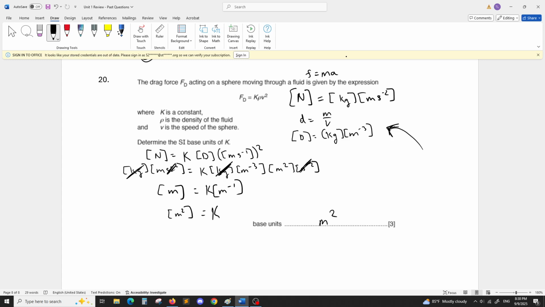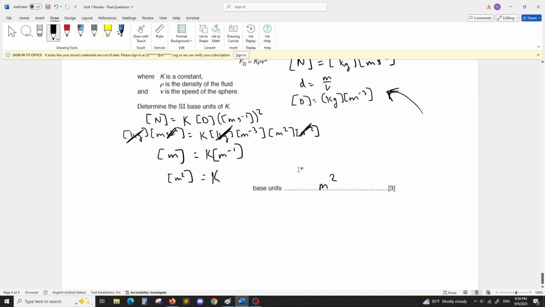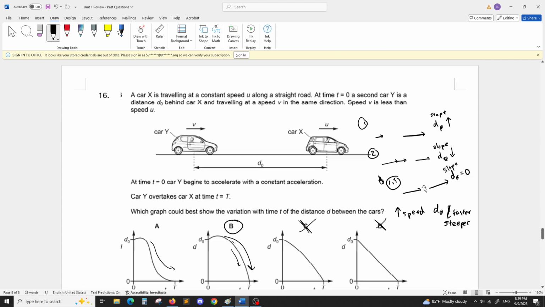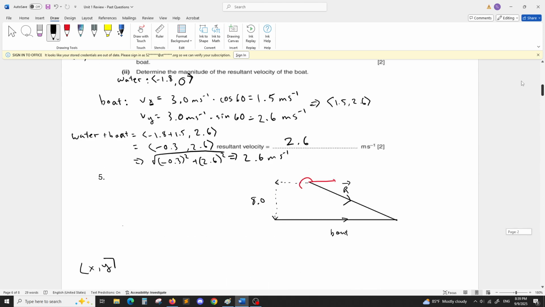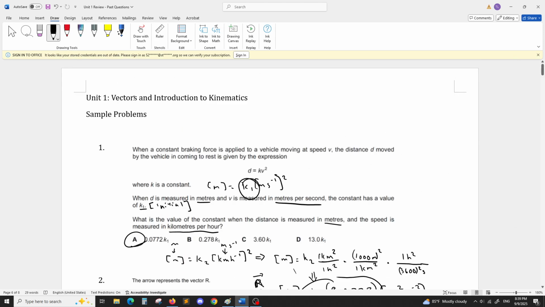For these types of problems, you want to minimize doing stuff in your head because you might blip over a single detail and then your answer will be wrong. So yeah, I guess that's it for the problems. This is vectors and introduction to kinematics. Thank you, I guess.